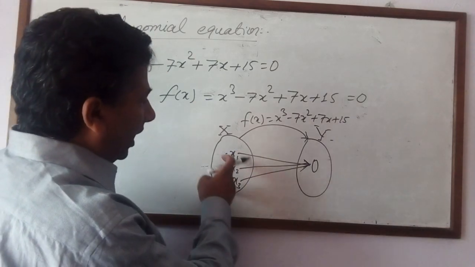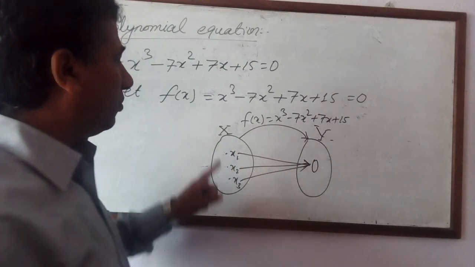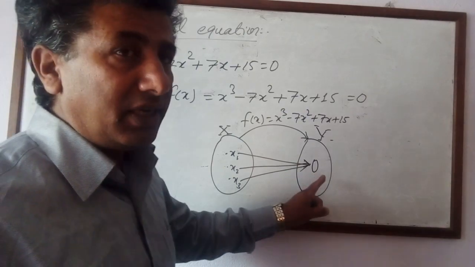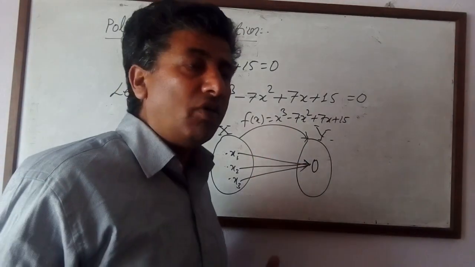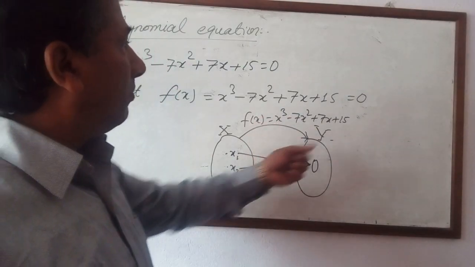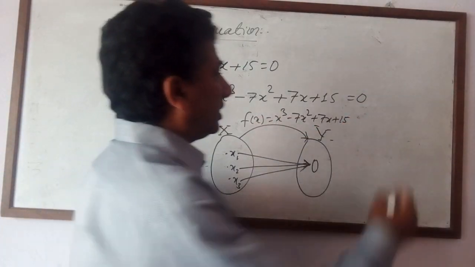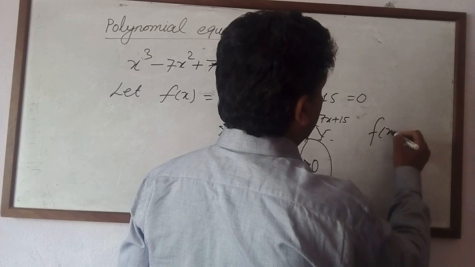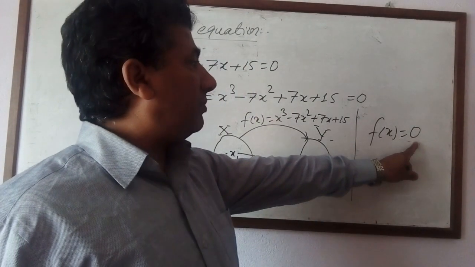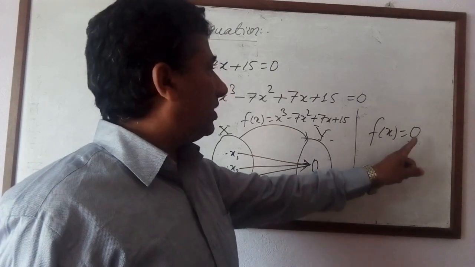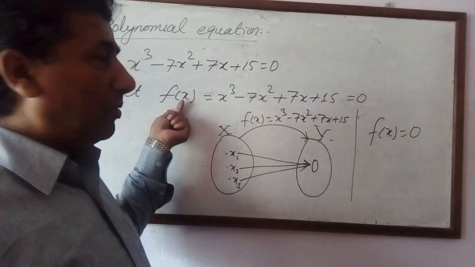I have written here x1, x2, x3. Suppose x1, x2, x3 give image 0. It means it has 3 values of x that we have to find. Because there is 0, we can write it like this also: f(x) equals 0. This means which value of x gives image 0. This is the name of the function.